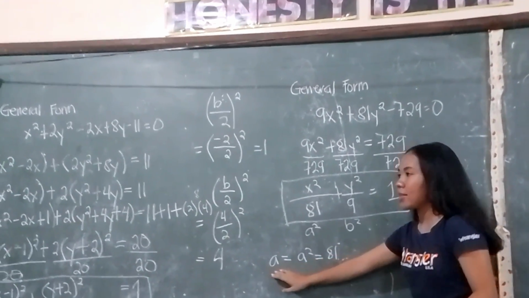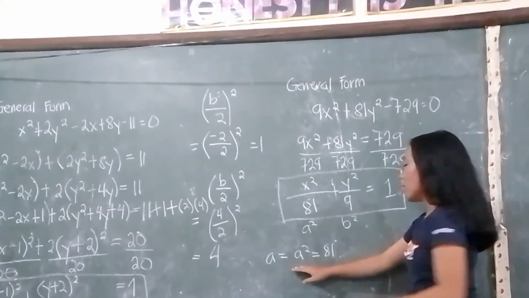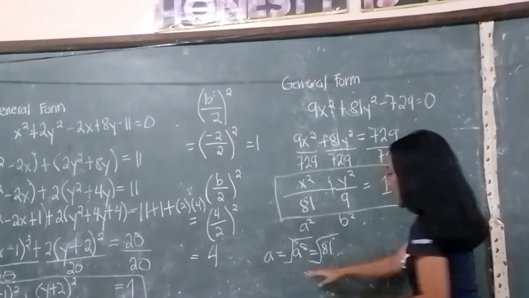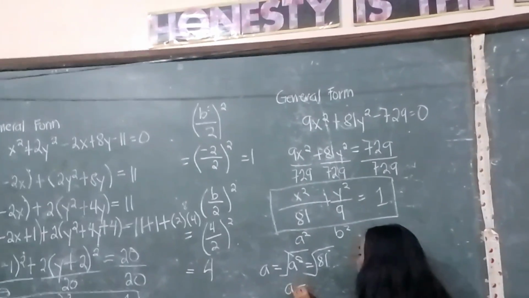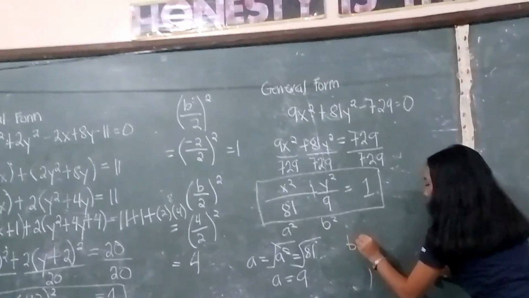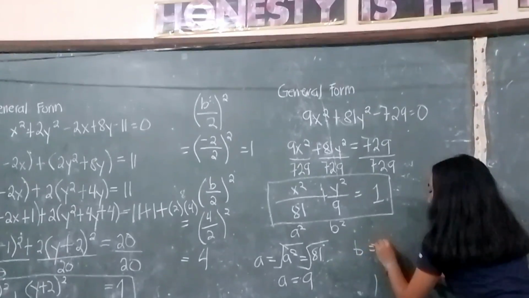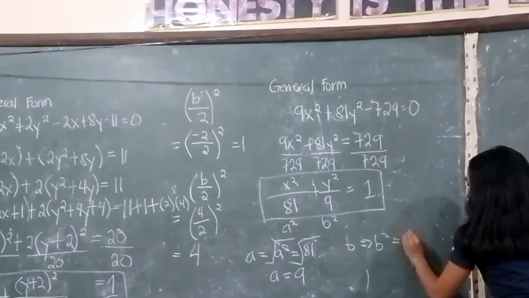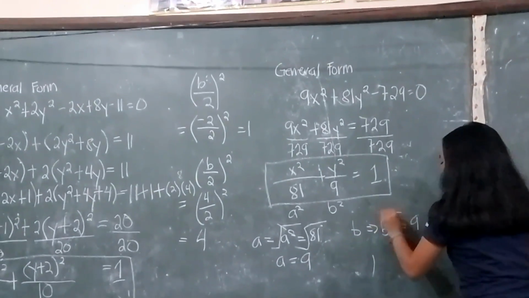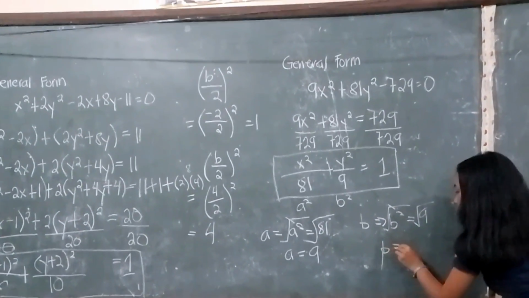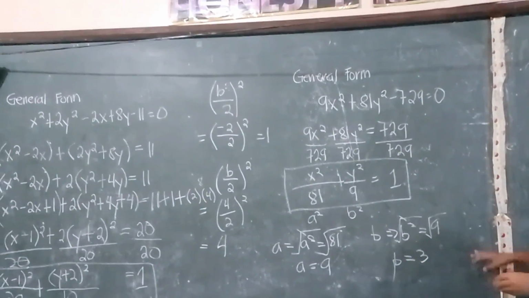And to get the a, all we have to do is take the square root, so we have a is equal to 9. And for b, we have b squared is equal to 9, so b is equal to 3.